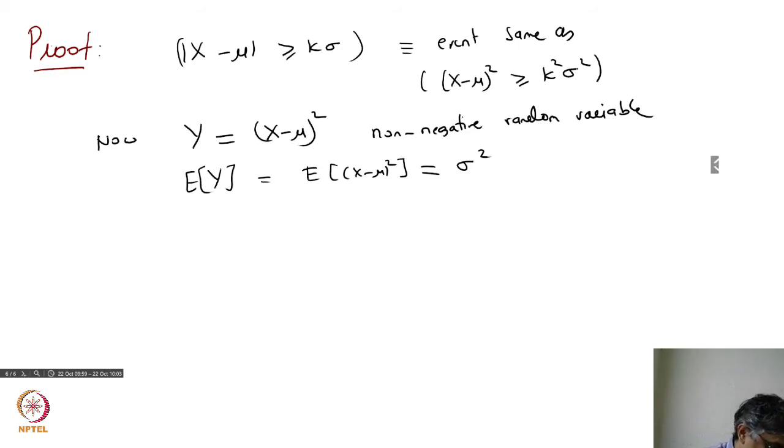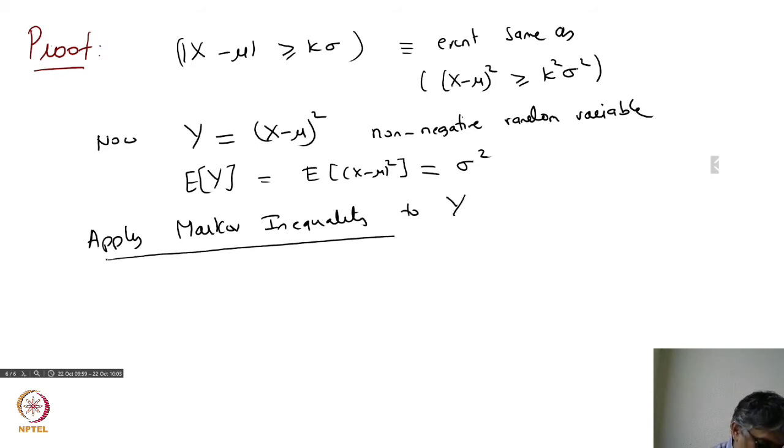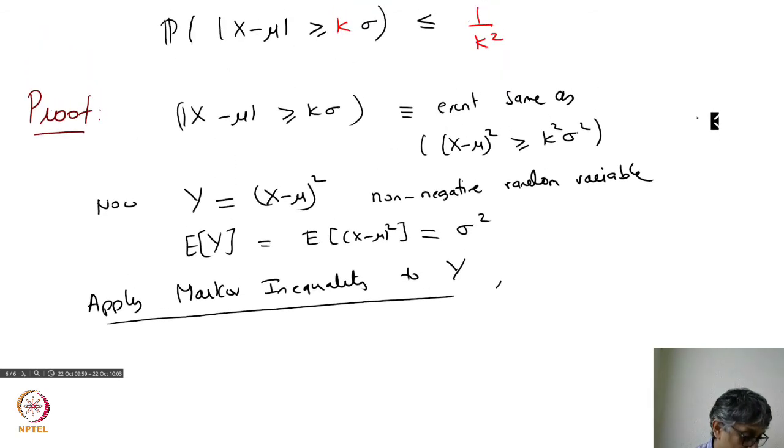So now I can apply Markov inequality to Y. What do I want to estimate? I want to know the chance that |X minus mu| is bigger than k sigma. So let's fix a k, k positive.